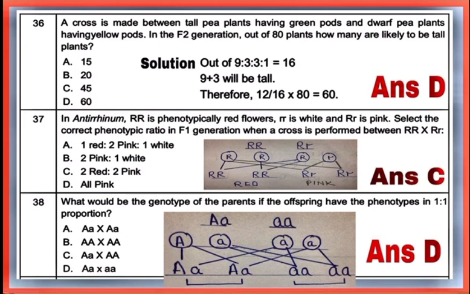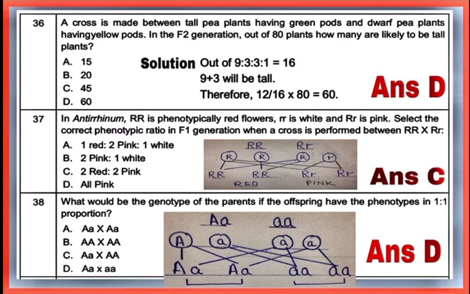Question 37. In Antirrhinum, capital R is phenotypically red flowers, small r is white, and capital R small r is pink. Select the correct phenotypic ratio in F1 generation when a cross is performed between capital R capital R and capital R small r.